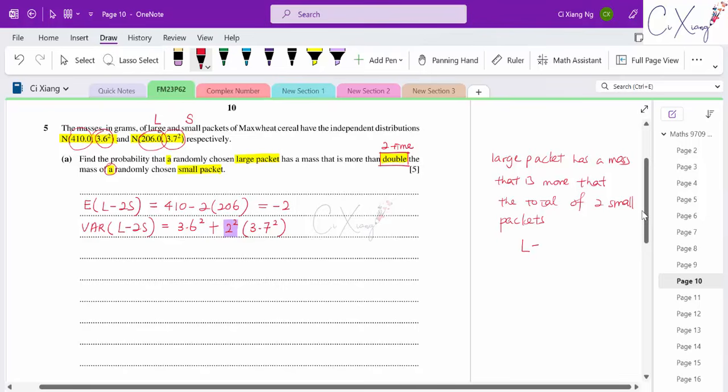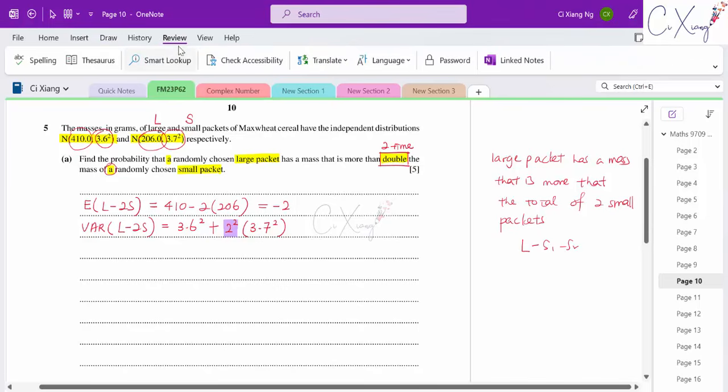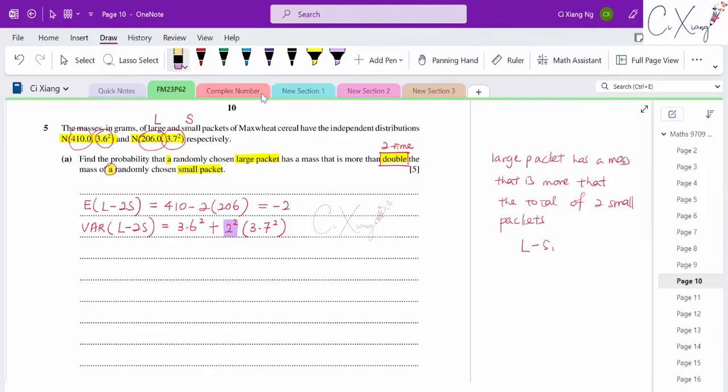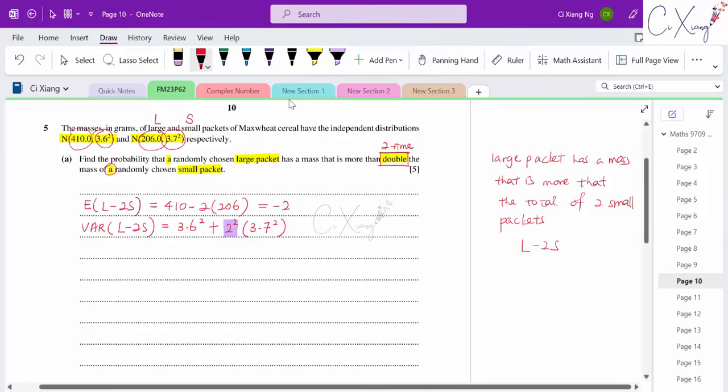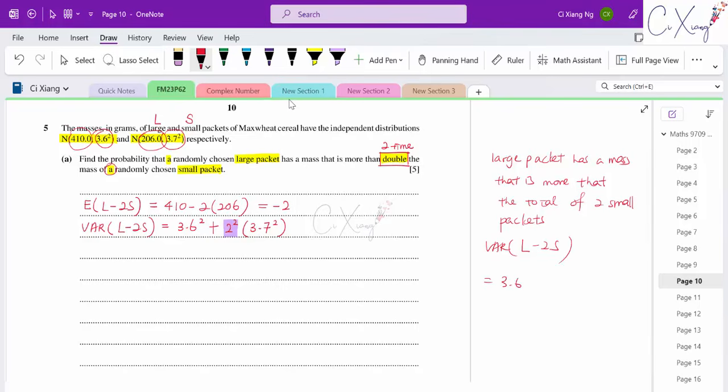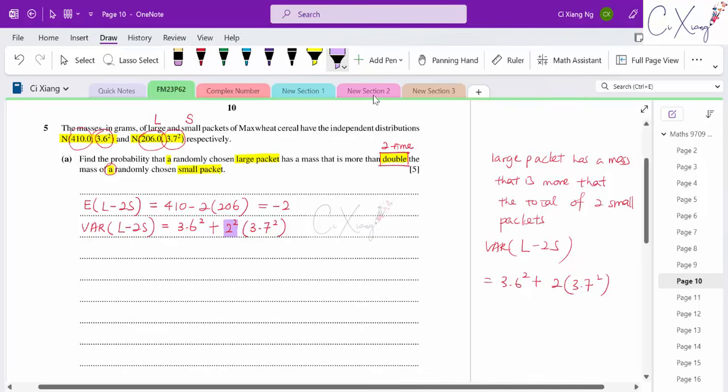For example, they will write L minus S1 minus S2. But if let's say you are writing S1 and S2 by using 2s, then for this case, when you want to find out the variance, the variance will be variance L plus 2 times variance s only. It is not 2 squared.